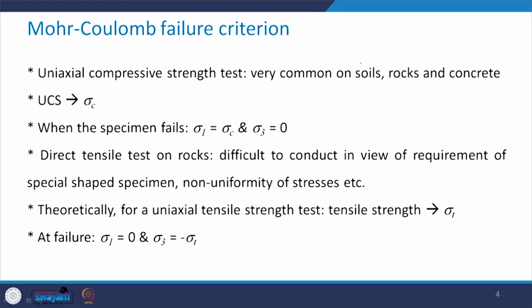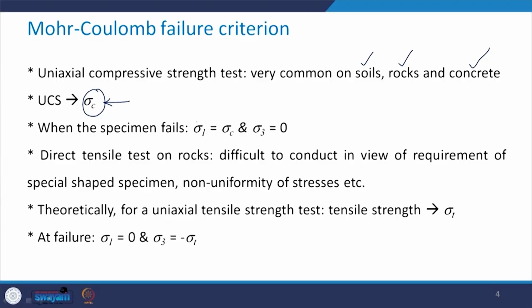Uniaxial compressive strength tests are very common in the case of soils, rocks as well as concrete. Uniaxial compressive strength is represented by sigma c. Now, when the specimen fails, that is at the failure state, the applied load sigma 1 is going to give me the UCS of the specimen.